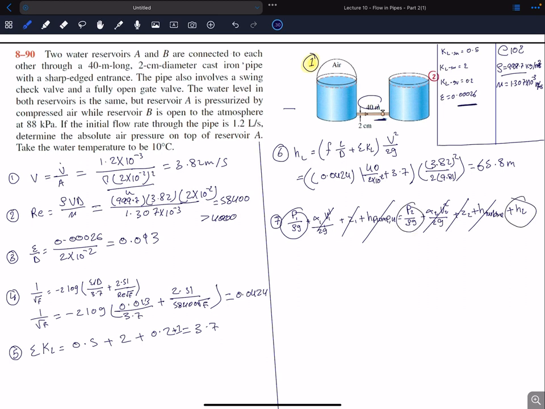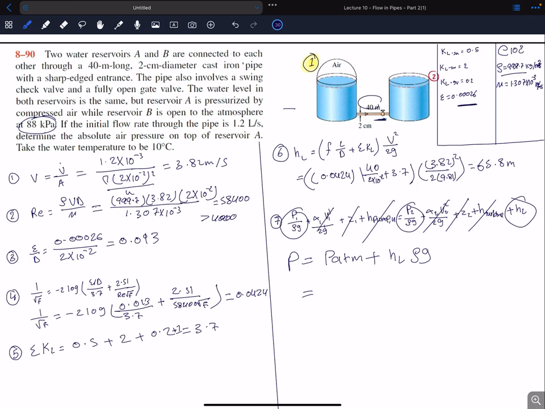So the absolute air pressure is P equal to the atmosphere at reservoir B, P atmosphere, plus the head loss times the density times the gravity. Here is the absolute pressure equation.